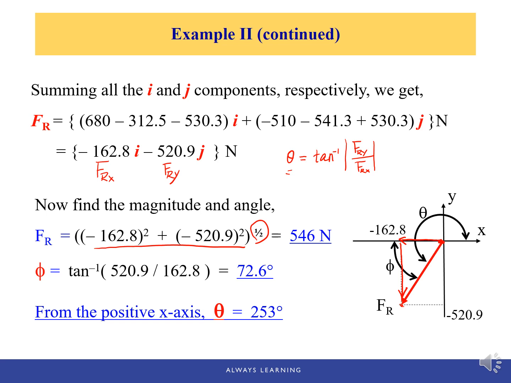If you use the formula, this is FRy and this is the FRx. Really the angle we're looking for is this phi angle, indicated here. If you do a sketch and specify which angle this value is for, that's okay.